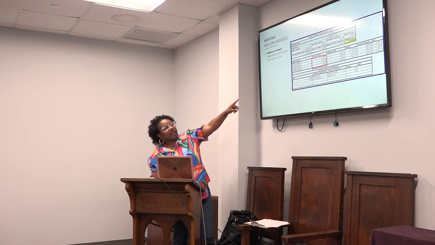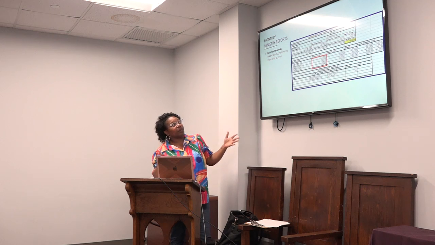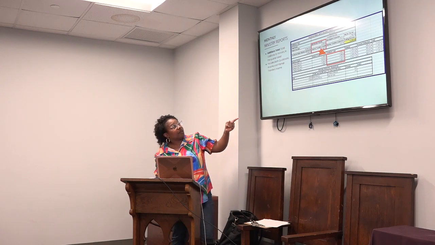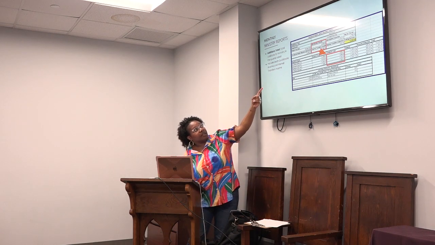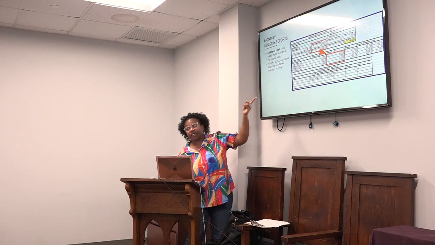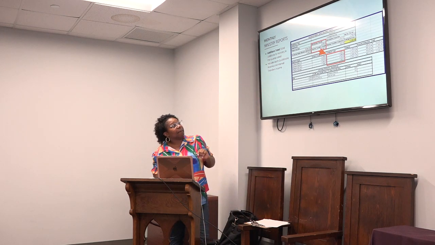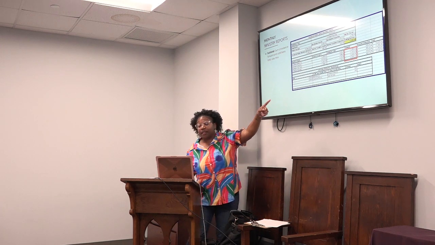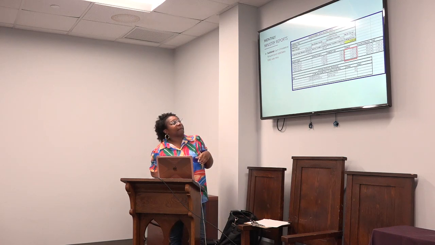It'll show your balance forward at the beginning of the quarter, and then in the next column, your total additions for the quarter, which is a summary of your QuickBooks income and your internal transfers income. Then it'll show the subtotal, which is the balance forward plus the additions total column.